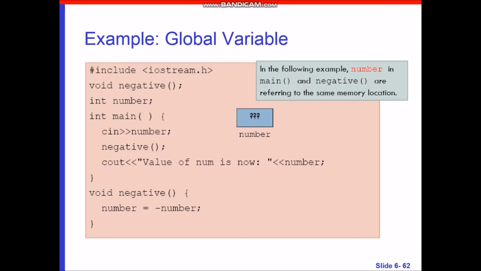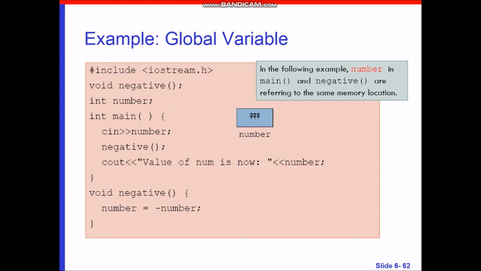For example here, as a global variable, you will declare it outside of the main function, which is global. So you will have the int number outside of the main function, and you do not need to declare the number inside the main function and inside the parameter of the void negative, because it refers to both, because it is a global variable.